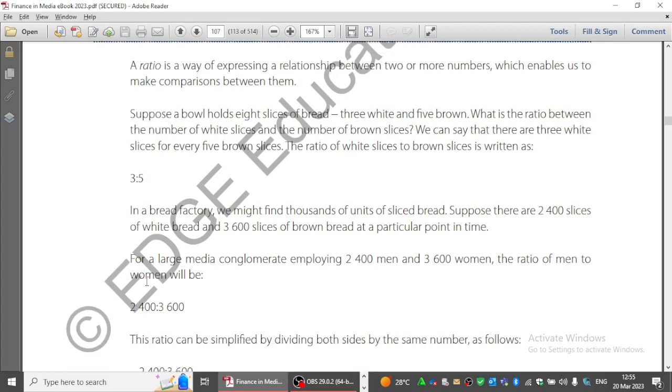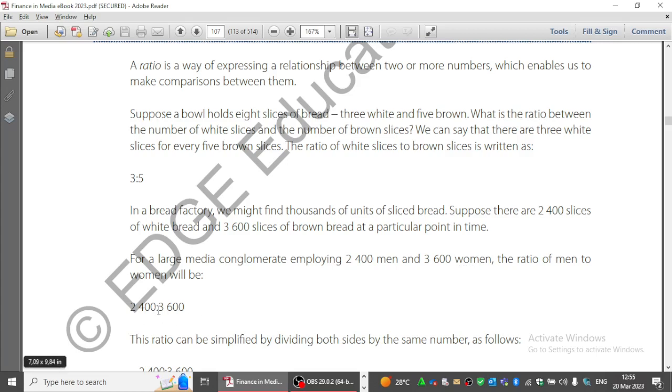Here they also give an example: a large media conglomerate employing 2,400 men and 3,600 women. The ratio of men to women will be as follows: 2,400 to 3,600.